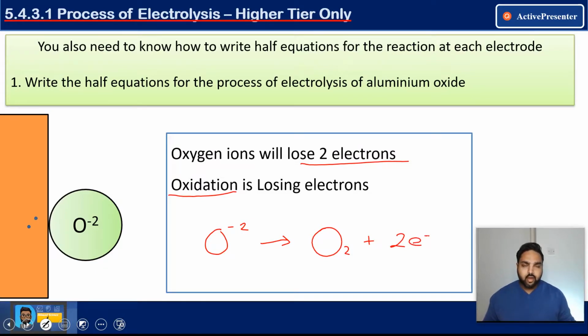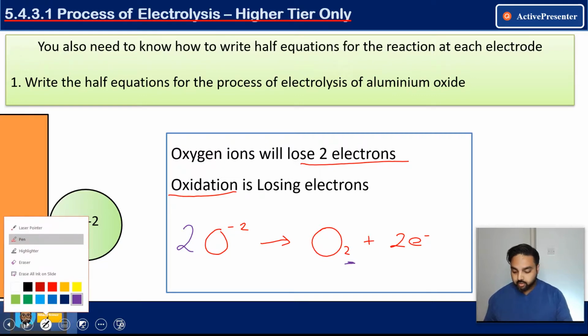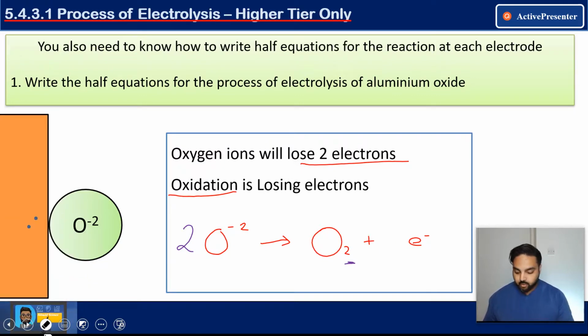Okay, but that equation isn't balanced because I need 2 of these oxygen atoms to make an oxygen molecule. So actually what I need is 2 oxygen ions, which will form O2, and it will produce 4 electrons in excess. Okay, so that's just me balancing the equation.